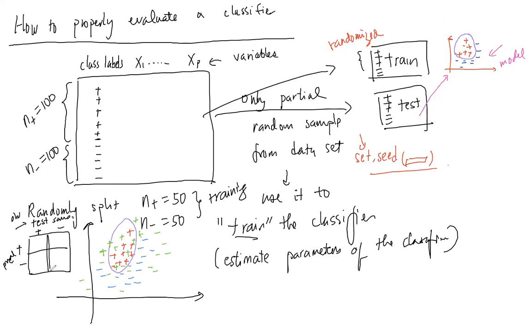So in this way, you basically avoid overfitting, right? You can avoid overfitting if you set aside one set of your data to be used as a test sample.